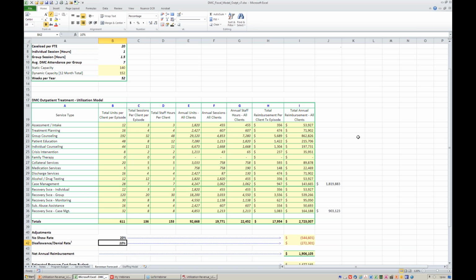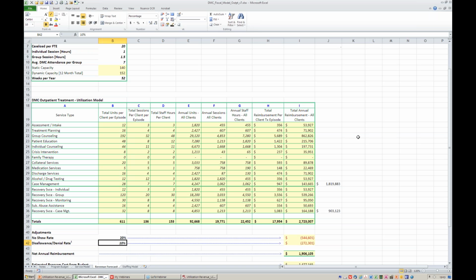And then the disallowances. If you've been a Medi-Cal provider, those are the post-service, post-payment reviews, where you've been paid. The state comes out and looks at the chart, saying, okay, you billed for Joe Smith here on November 17th for a group. Let's see the group log. Let's see the chart. Those of you who've been through this know the joy of this kind of thing.